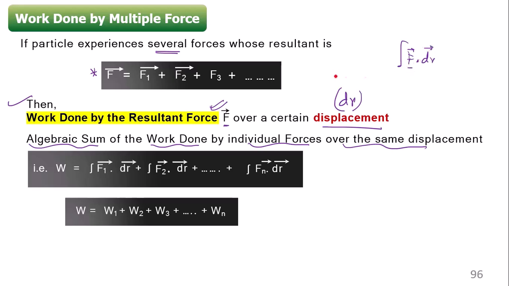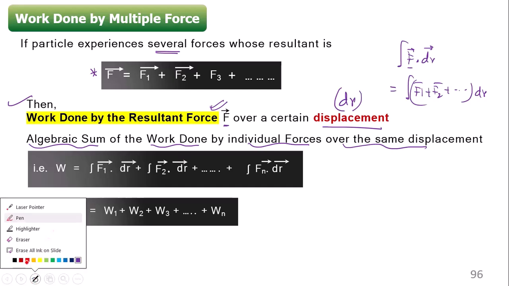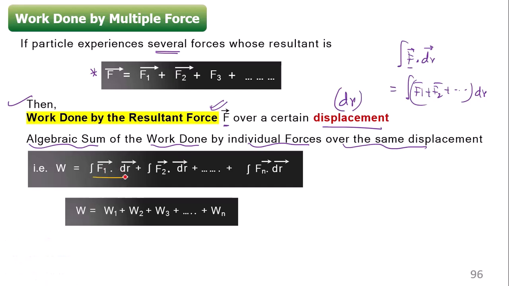Instead of writing the F vector, I can also write F1 plus F2 plus F3. So that is the integration of the F1 vector plus F2 vector plus F3 vector, dotted with dr. That will also give the answer. Whenever multiple types of forces are given, first I have to calculate the work done by each force.